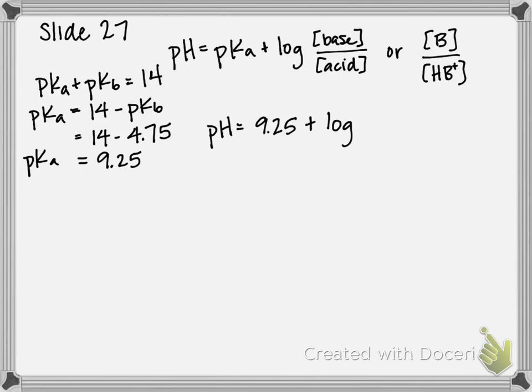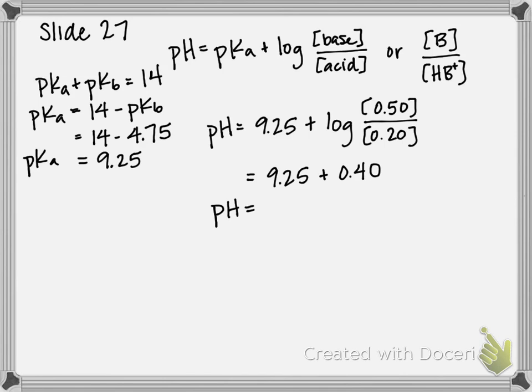In this case, my base is ammonia, and it has a molarity of 0.50, over my conjugate acid component, which happens to be my ammonium chloride, which has a molarity of 0.20. So now, if we plug these values in, I get 9.25 as my pKa, and I take the log of that ratio, I get 0.40, and I can solve and get that my pH is 9.65.